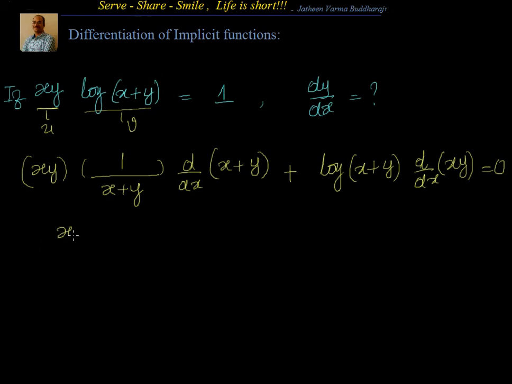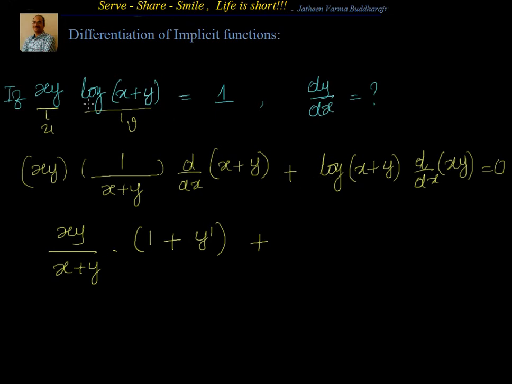That is xy divided by x plus y into the derivative of x plus y, d by dx of x is 1 and d by dx of y is y dash, plus log of x plus y.